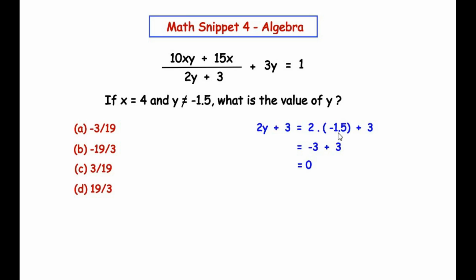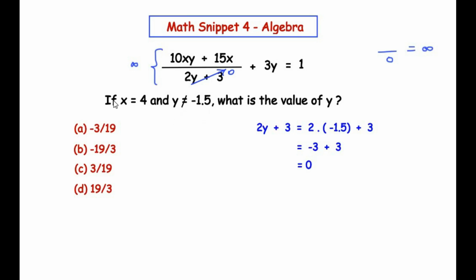So 2 multiplies with minus 1.5 giving us minus 3. So minus 3 plus 3 becomes 0. So if the denominator goes down to 0, this entire function becomes infinite because anything divided by 0 gives us infinity. So to avoid this, they have mentioned that do not take y equal to negative 1.5.